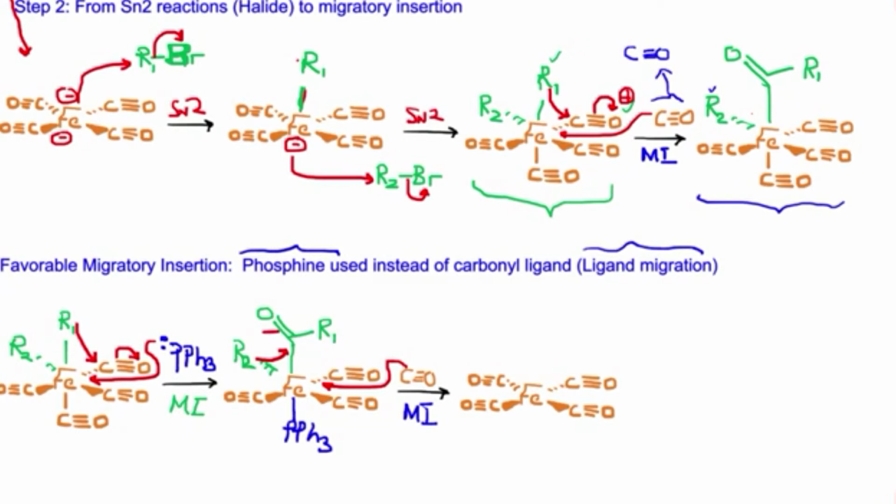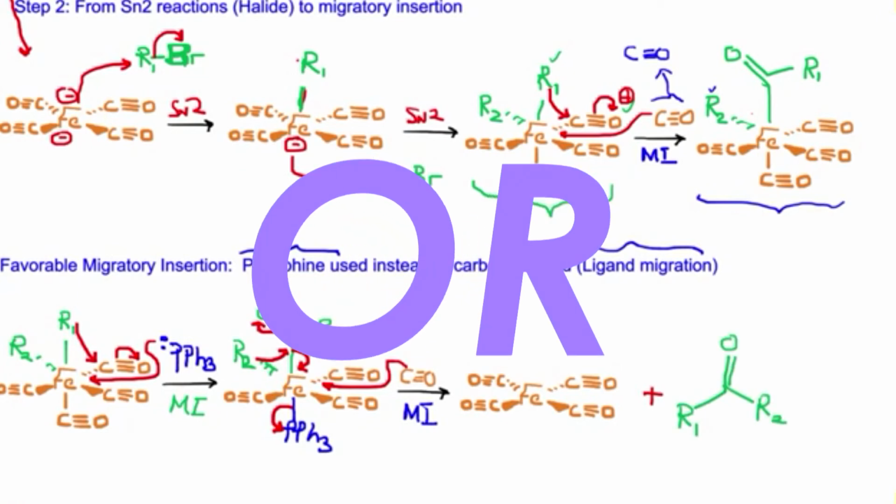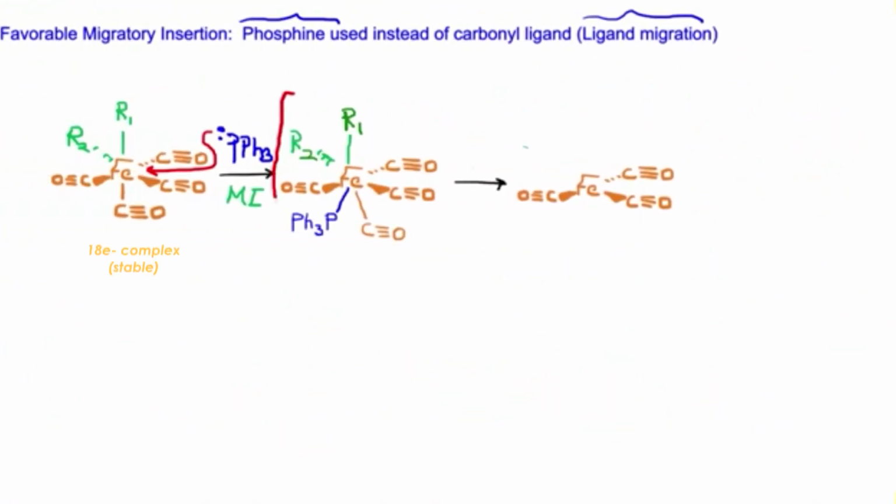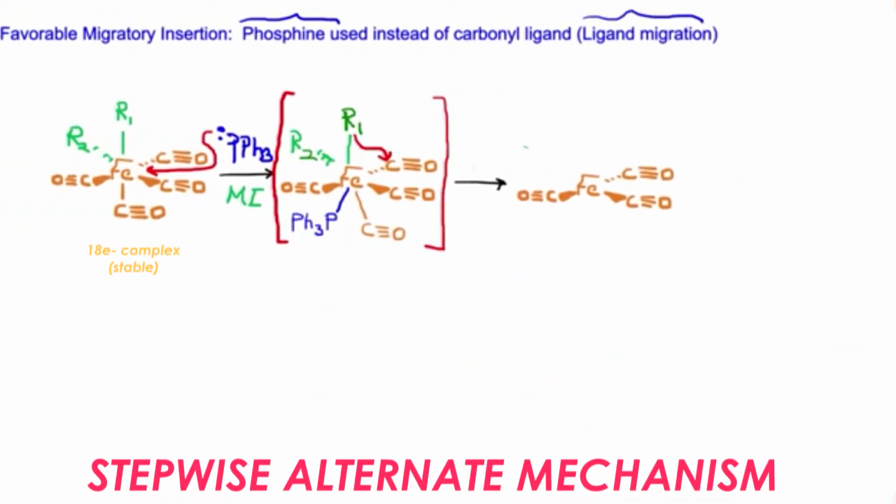To accomplish that, this pi bond becomes a lone pair, and the lone pair reforms the double bond right there, and then this particular bond cleaves, and we have our phosphine leaving the group as a result of that. So what happens here is that we create our product, which is a ketone, and we are able to recreate our tetracarbonyl ferrate dianion right there.